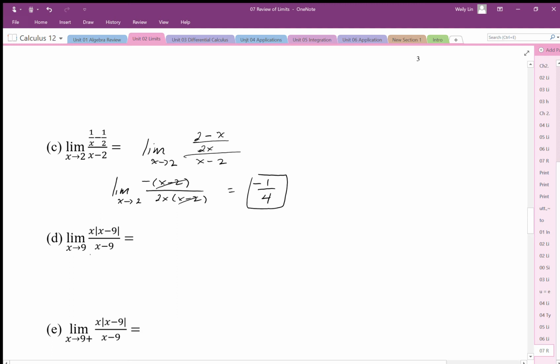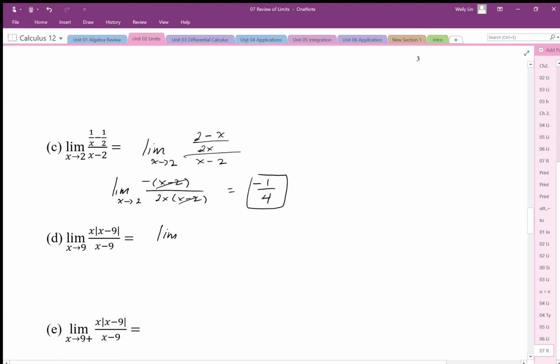Okay, so with this one, we're going to end up with 9 times 0 over 0. Because of this absolute value, we kind of have to do this in two parts. Remember that as we go toward the point, from one side of the absolute value something different is happening compared to the other side.